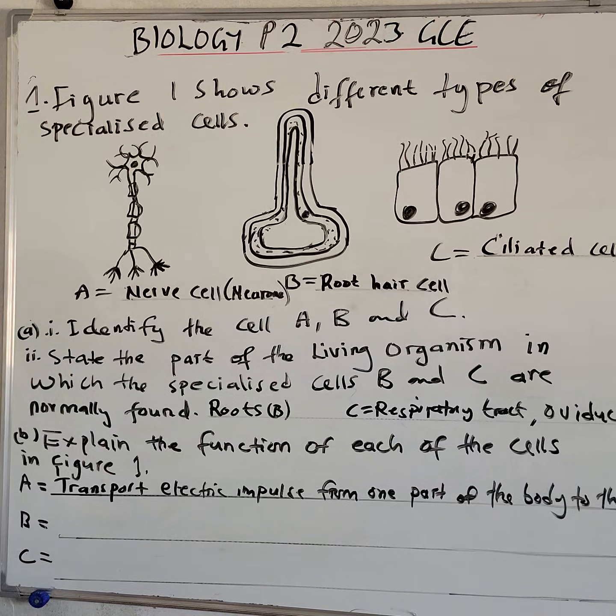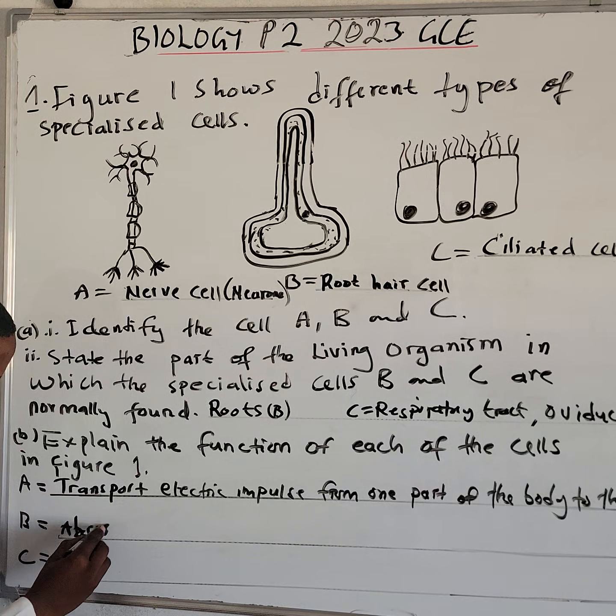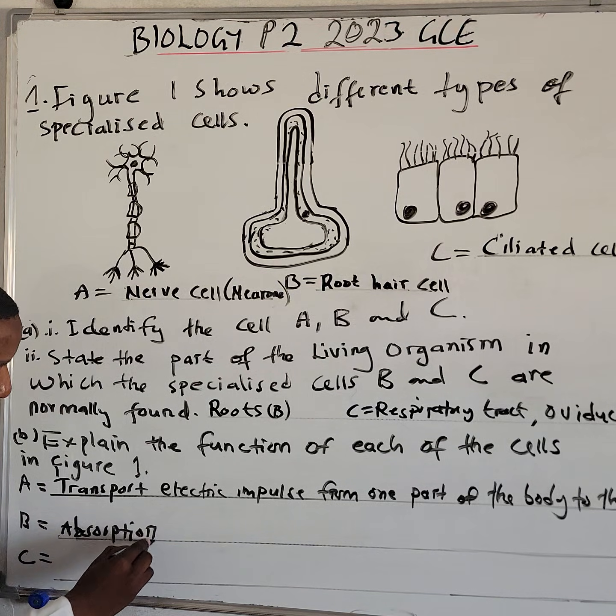B is a root hair cell. This is the one that works in the absorption of water. This cell is found in the plant roots for absorption.